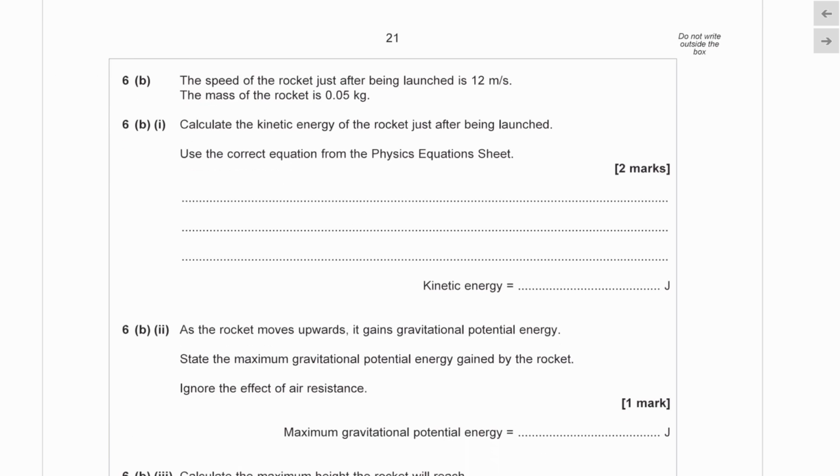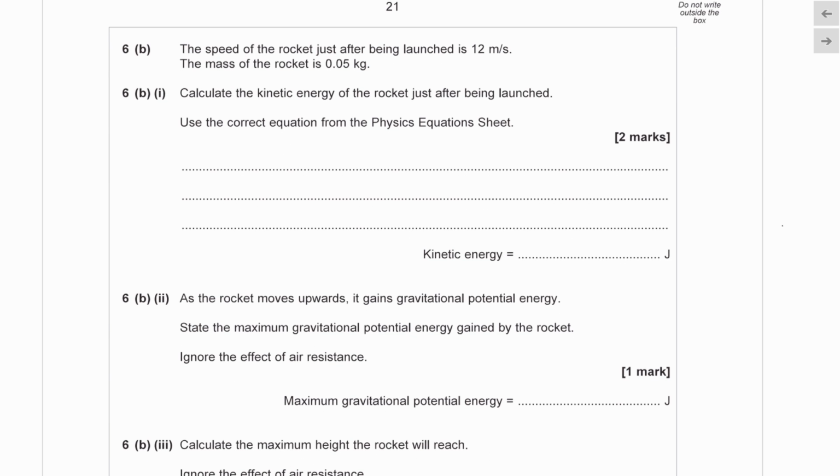So 6b. The speed of the rocket just after being launched is 12 meters per second. The mass of the rocket is 0.05 kilograms. Calculate the kinetic energy of the rocket just after being launched using the equation sheet. Kinetic energy is equal to a half mv squared, so a half times m times v squared. Now m is the mass and v is your velocity.